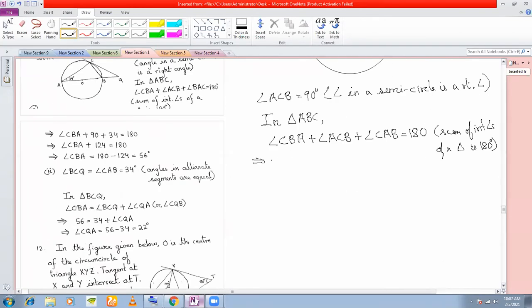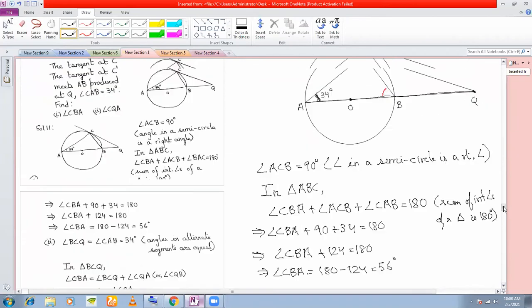Next we shall simply put the value. CBA is an angle we need to find out. This angle is angle in a semicircle, 90 degree, and this angle is already given to you as 34. So angle CBA plus 124 is equal to 180, and therefore angle CBA is 180 minus 124, 56 degree. So we have found out one angle.